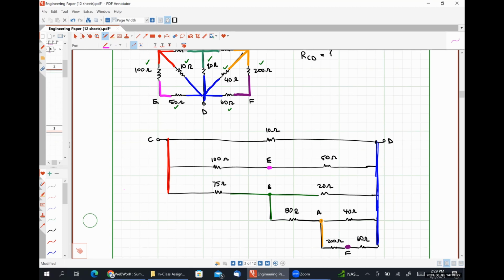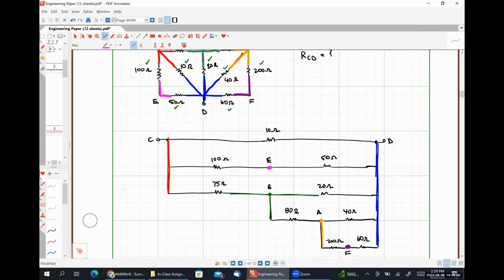So now I'm going to start combining resistors together. Generally speaking, I'm just going to work from the bottom and then work my way towards the top. So how are the 200 ohm resistor and the 60 ohm resistor connected to each other? In series. Yes, they're in series.